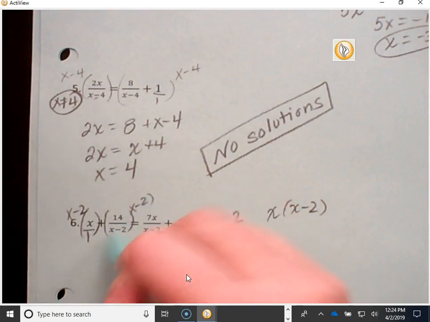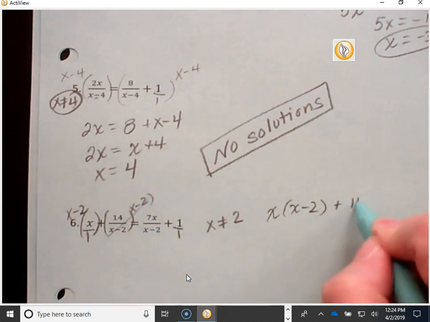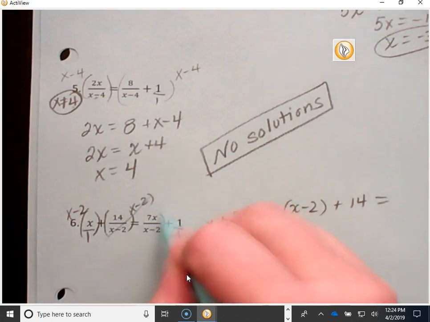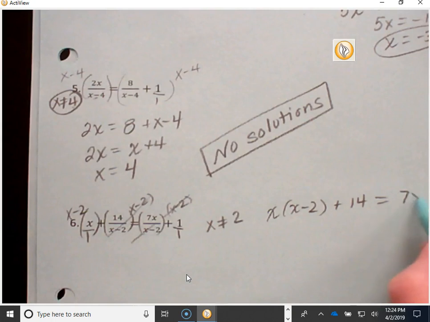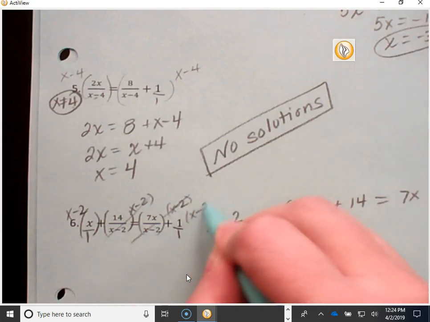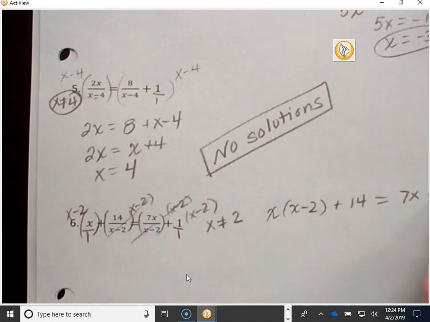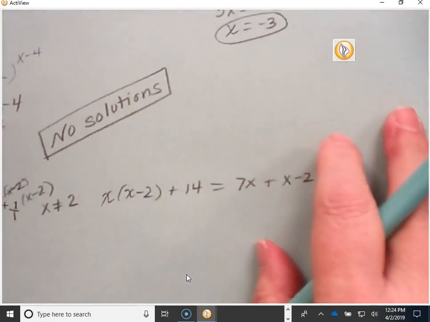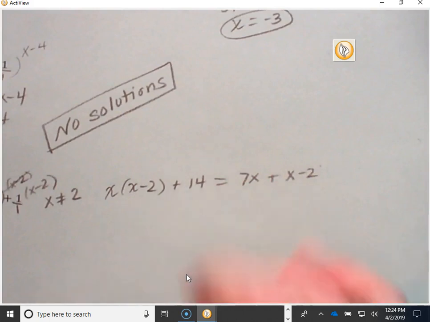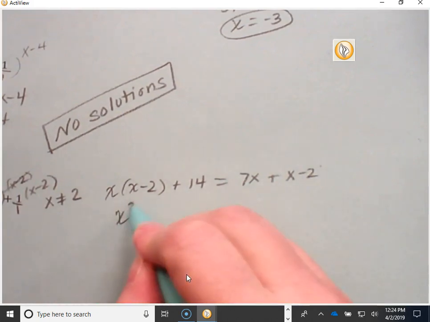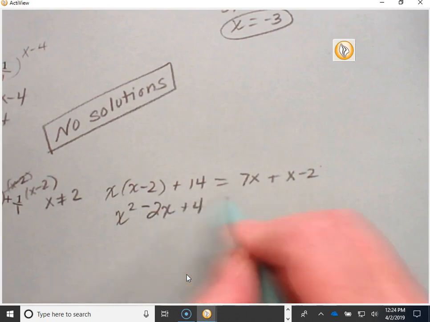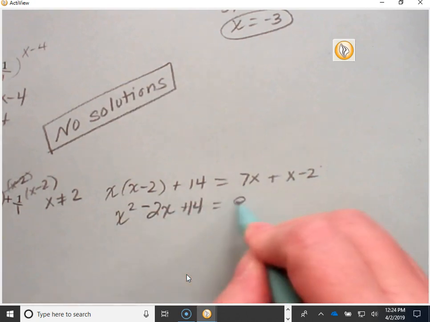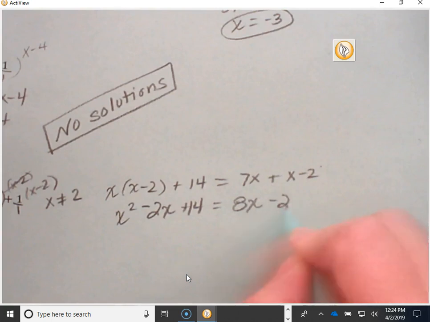The x minus 2's cancel here, so that gives us plus 14, equals 7x times (x minus 2), which cancels, which gives us 7x, plus 1 times (x minus 2), which is just x minus 2. And you do the math. So we've now got x squared minus 2x plus 14 equals 8x minus 2.